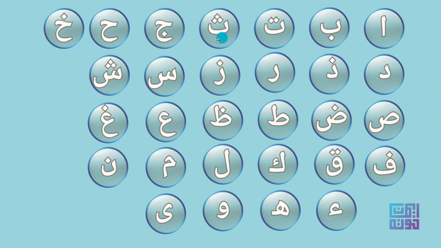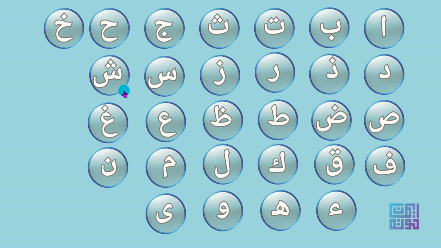And both of them, when we pronounce them, have a lot of air flowing. Tha, Sha, Sheen. Okay? And maybe this is why they put those 3 dots, as a resemblance to the air that's flowing from these 2 letters.